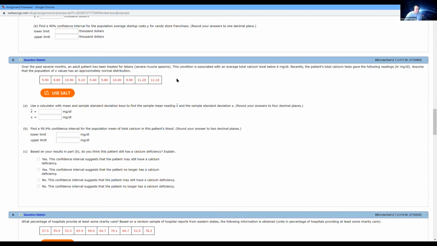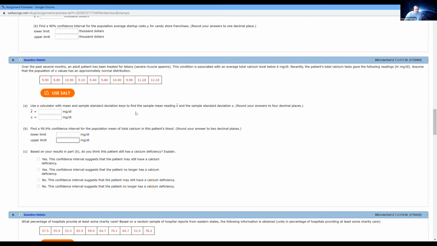So this patient here gave the following levels. So he was measured over consecutive days or weeks, right? And this is his calcium levels from his blood tests. And you imagine calculating the mean and the standard deviation and the upper and lower limits. Won't all that be done inside the T interval?